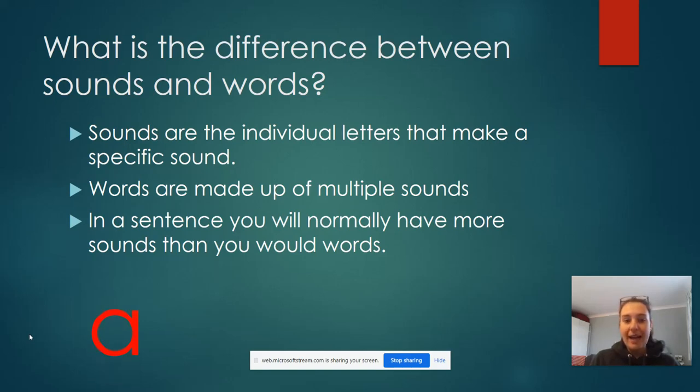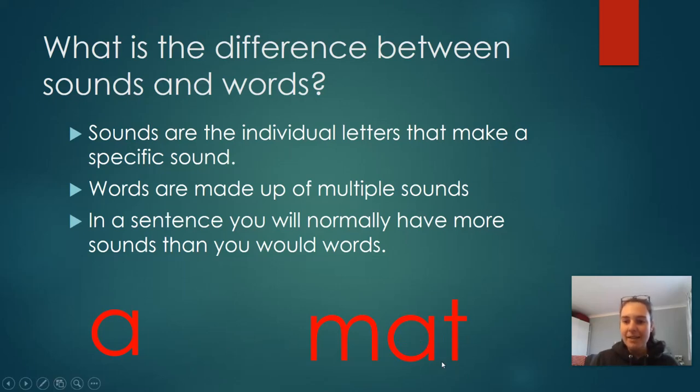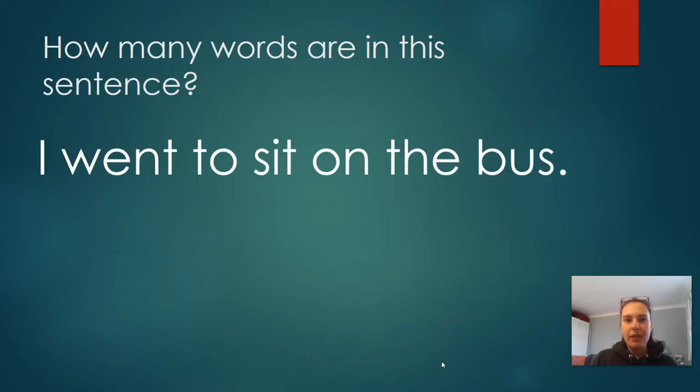So, for example, an a, that is a sound, whereas mat is a word. Now, how many words are in this sentence? So you need to count the words, not the sounds, the whole words. Let's count them. 1, 2, 3, 4, 5, 6, 7. So there are 7 words in this sentence.